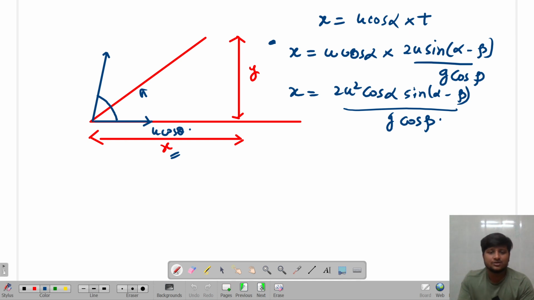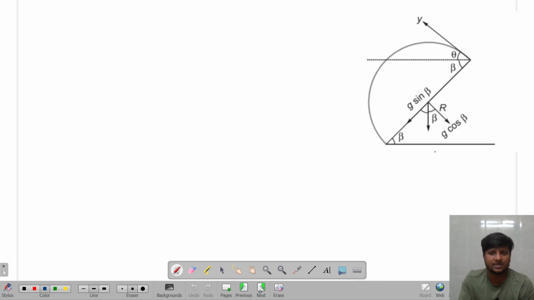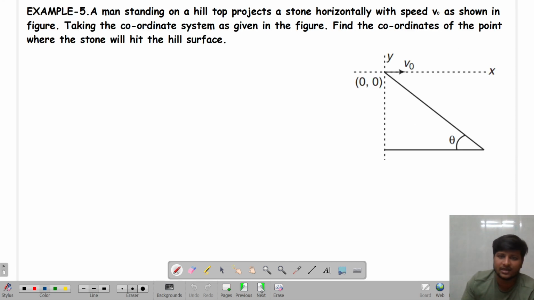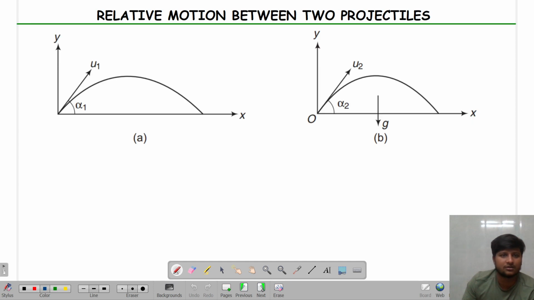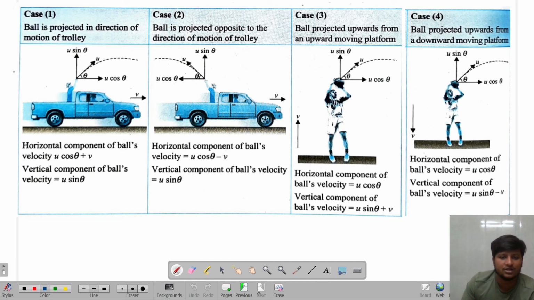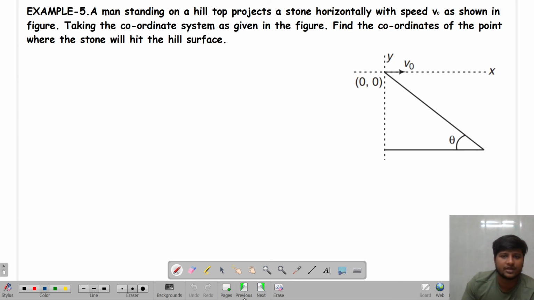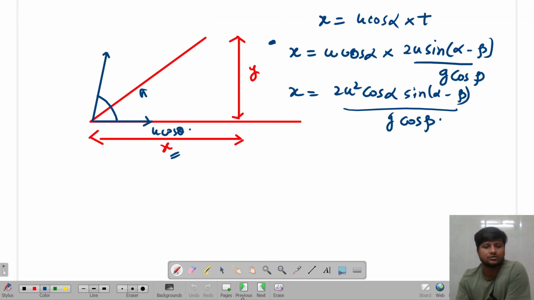Okay. So there are still 2 to 3 more cases of projectile left. This particular case when I drop the projectile from the inclined plane, and I'll do some problems based upon this, 3 to 4 problems. After that, relative motion of projectiles. So still 2 more cases are left, which we are going to include tomorrow, right or not.